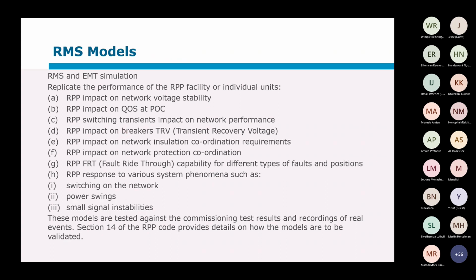RMS models, we have discussed, it's necessary for the system operator to know this, especially for the bigger plants, because that affects the potential stability of the network. And the Eskom system operator needs to know what's going to happen if the next generator trips, especially now that so many are already out of service.